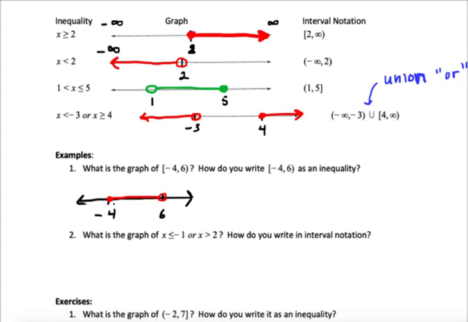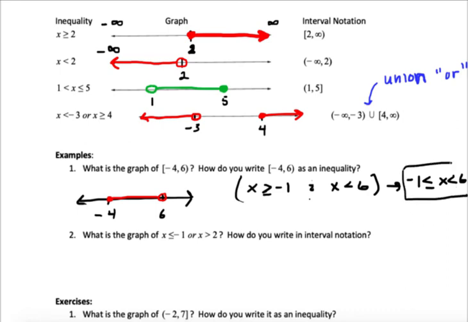Well, I need x's that are greater than or equal to negative 4, and I need x's that are less than 6. I can put these things together, and this gives me negative 4 is less than or equal to x, which is less than 6.